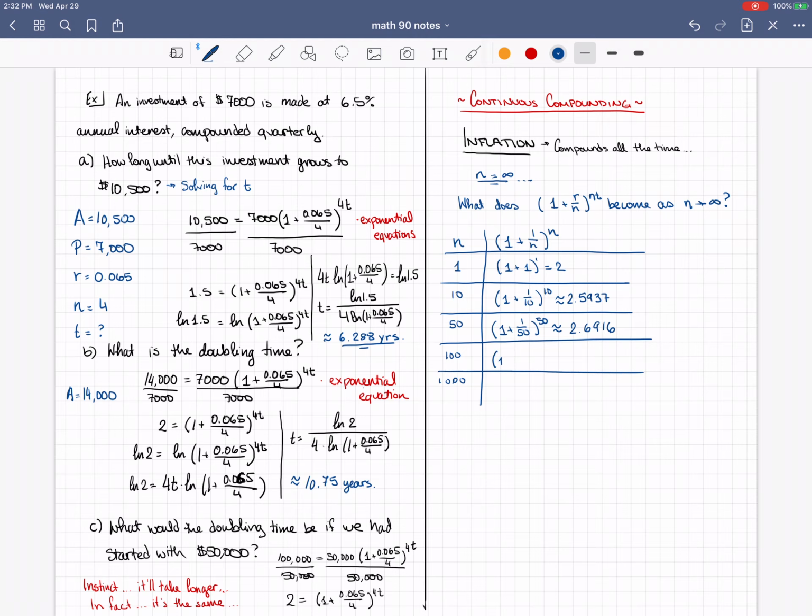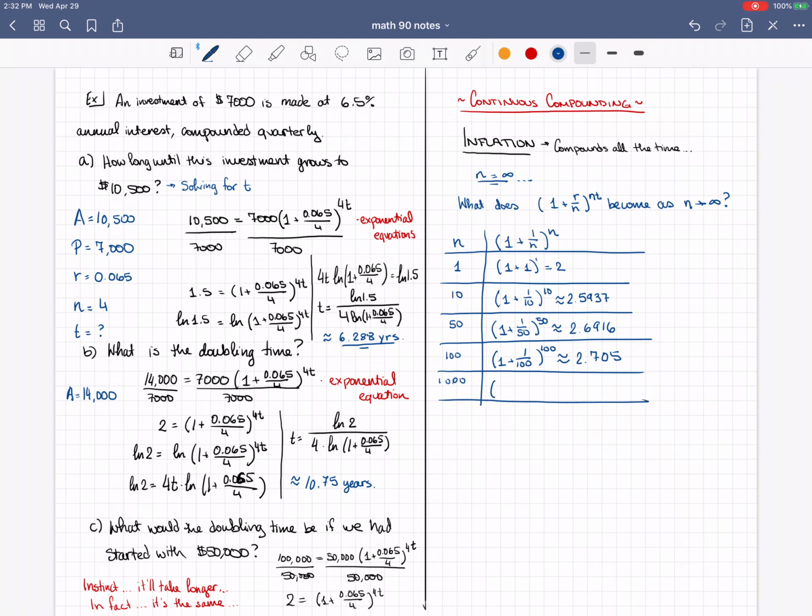Okay. For n is 100. So we have 1.01 to the 100th power. So that's roughly 2.705.